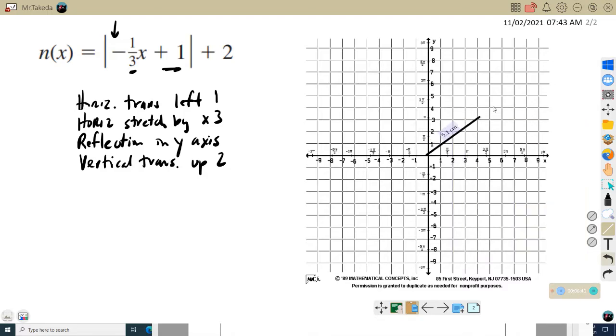Okay, so let's do this again here. Our parent function looks like this. So a horizontal translation left by 1 unit. That's going to go here.